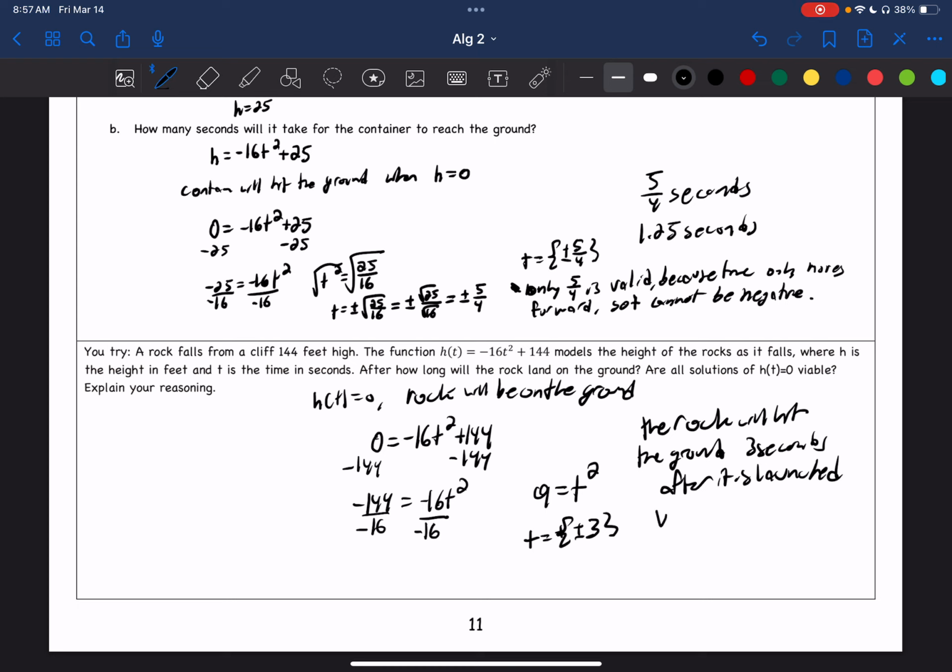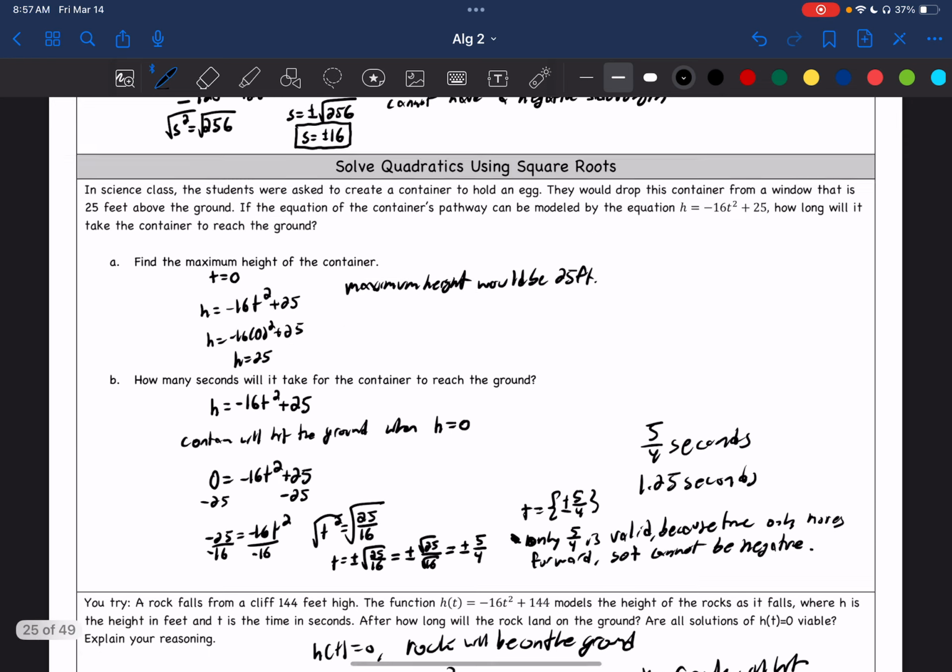And we want to note only the positive answer is valid. That's for the same reason it was up here, right? Time is only going to move forward. When we start at t is equal to 0, after 1 second, t will be 1, t will be 2, t will be 3, so we're only looking at positive time.